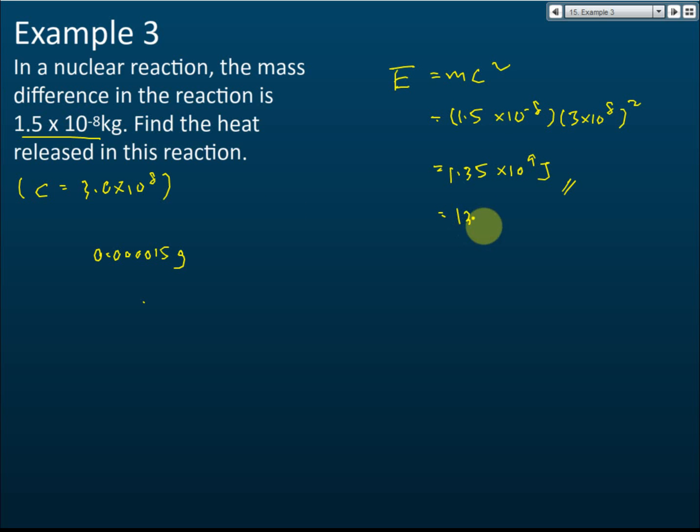This is 1.35 times 10 to the power of 9 joules, 1.35 billion joules. So that's how we calculate the amount of energy released. If you get a very big number, an amount of energy in the billions of joules, don't be shocked. That might be correct, because a small amount of mass defect can produce a large amount of energy.